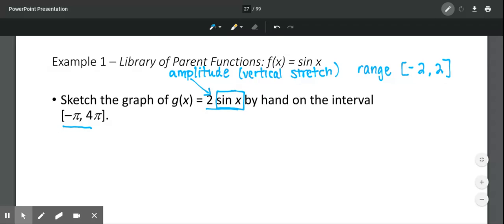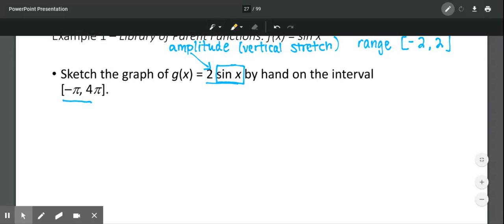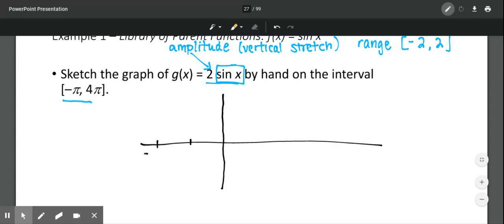All right, so I'm going to draw my axis from negative pi to 4 pi. So if I draw my y-axis and my x-axis, if I have negative pi, and this is negative pi over 2, because remember, I want to have all of those axes values.